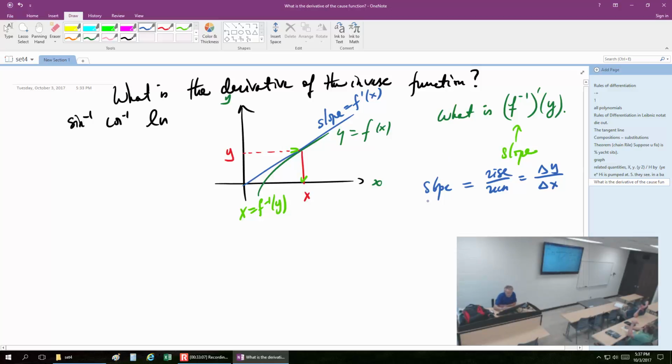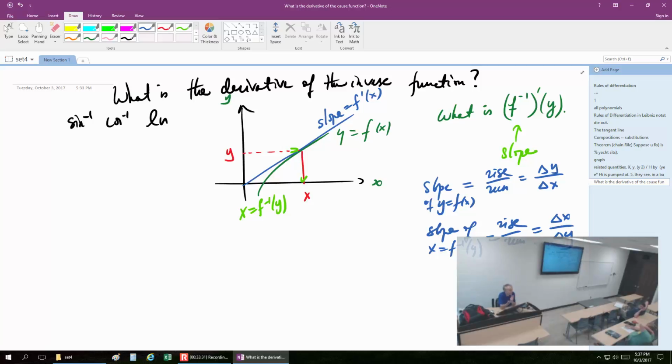Once you reverse, so this is the slope of y equal f of x. Once you reverse, you have the slope of x equal f inverse of y. So it is still rise over the run, but this time the rise is delta x, and the run is delta y. Okay, so it just all depends on the point of view.